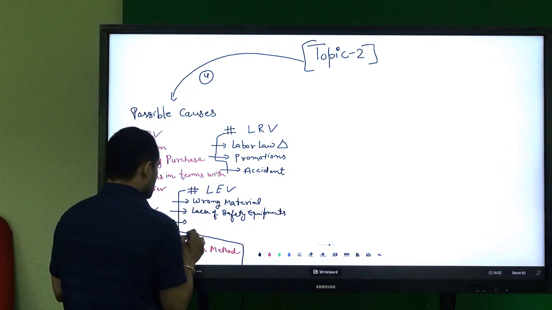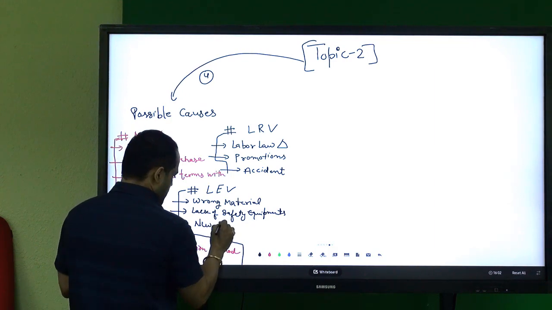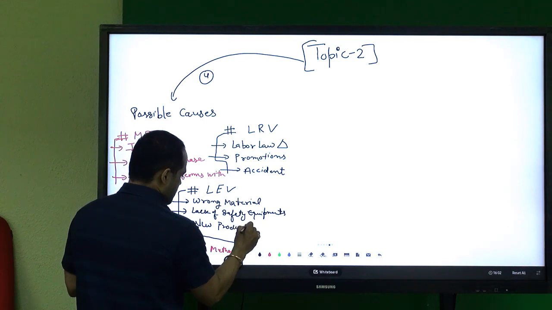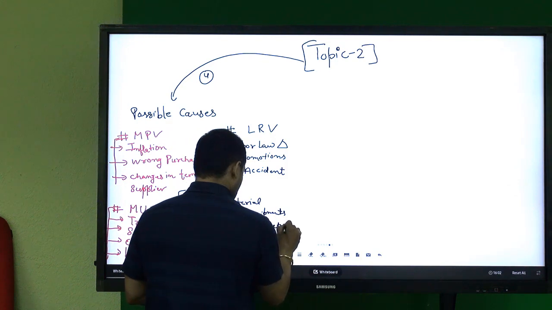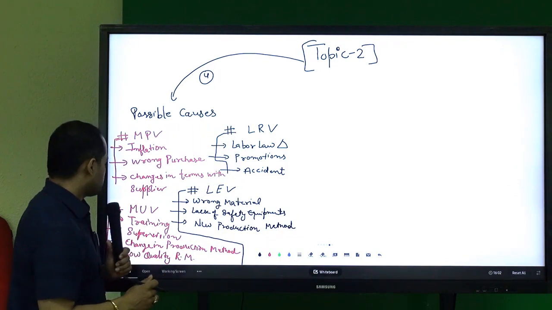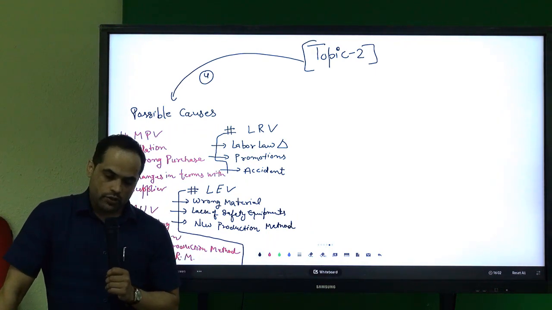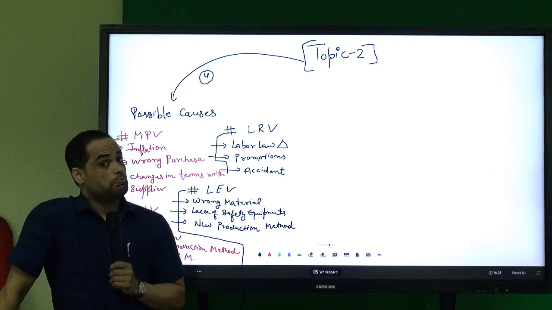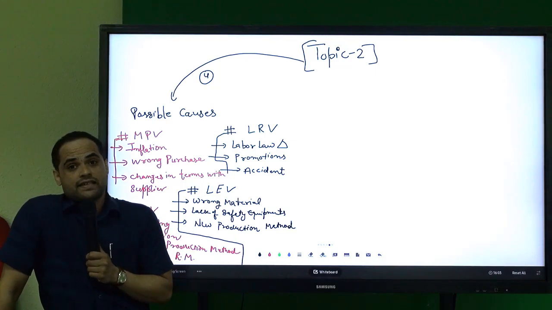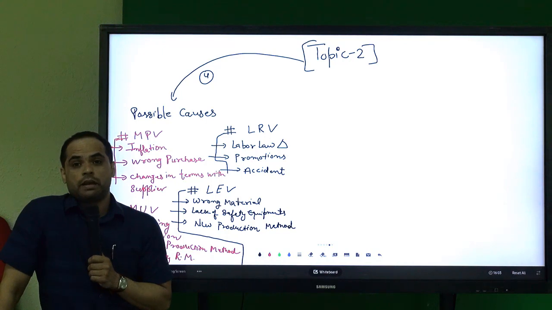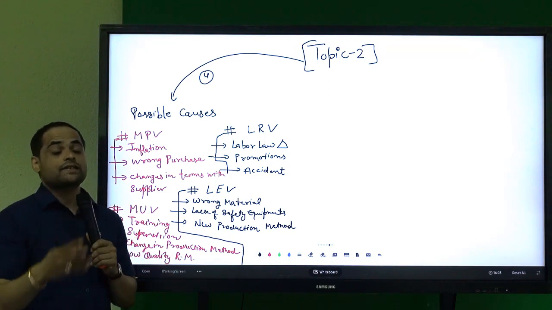Another is a new production method. If the company implements a new production method, that method may provide some comfort to the workers or maybe discomfort, and as a result, their performance may change. So it may increase or decrease, so results could be favorable or unfavorable.